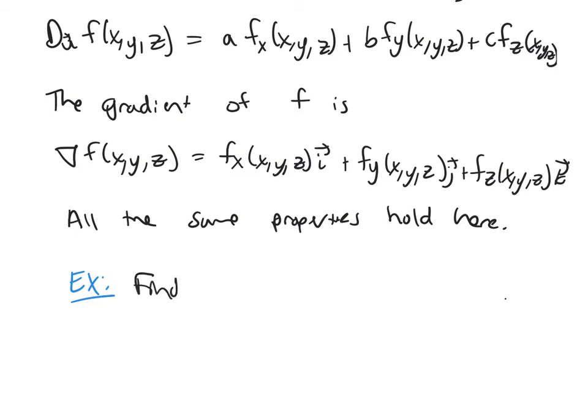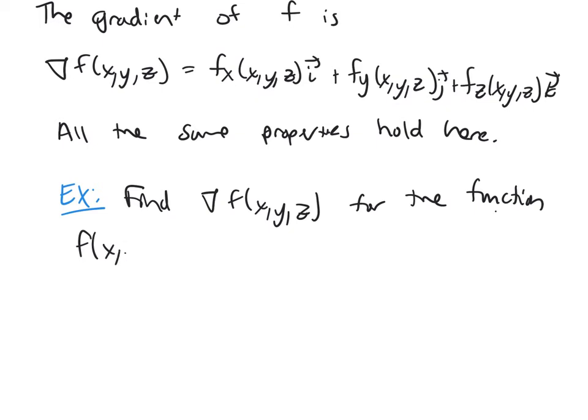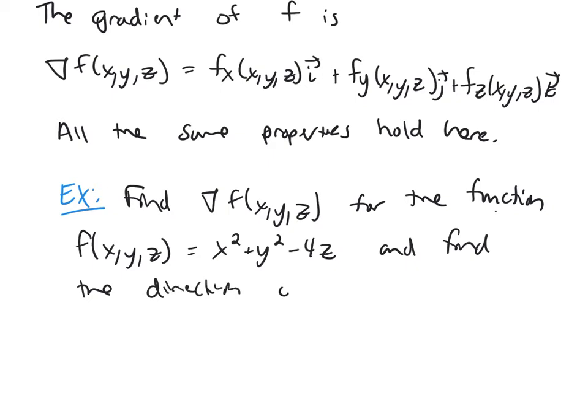Find the gradient of f of x, y, z for the function f of x, y, z equals x squared plus y squared minus 4z, and find the direction of maximum increase at the point (2, -1, 1).